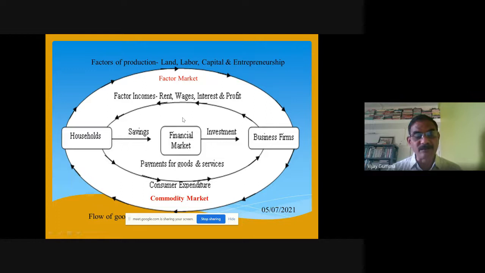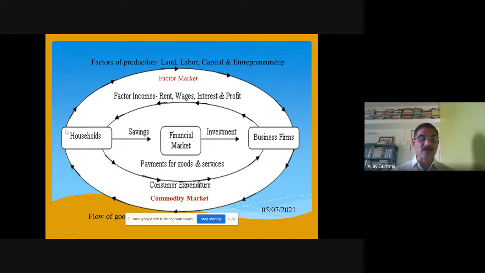Financial market. The financial market plays an important role in a closed as well as in an open economy.